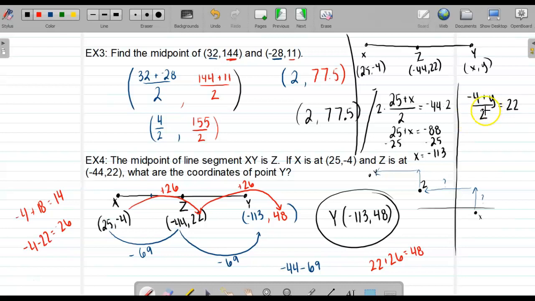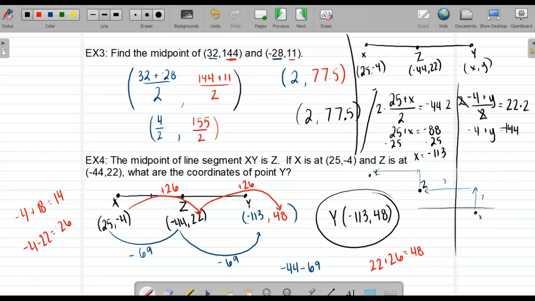This 2 right here, it looks like a fraction, but it's not really. It's really division, right? Divide by 2. What's the opposite of dividing by 2? Multiplying. So we'll multiply both sides by 2, which will cancel over here. Multiply by 2, so we'll get negative 4 plus y equals 44.